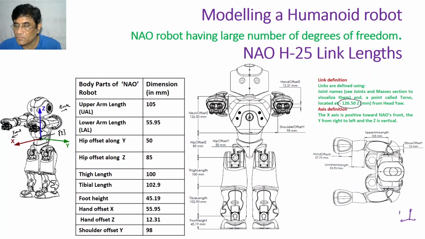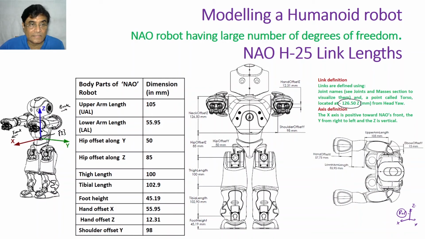So you call it the reference coordinate frame. So you have a reference coordinate frame, with respect to which, when NAO is working, you are able to capture the position and orientation of the inertial coordinate frame which is attached on the body of NAO.